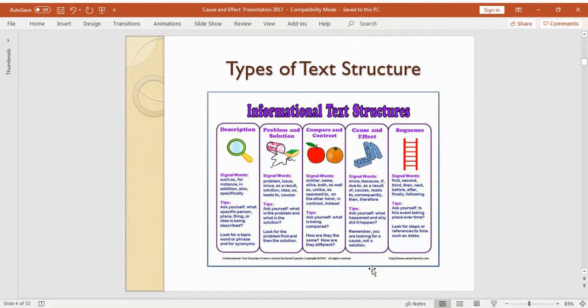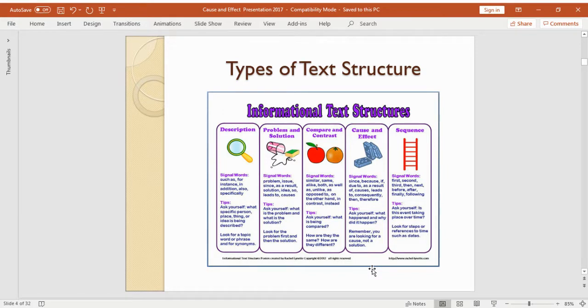On comparing contrast, I see words as the same as, like, different, similar, both. On the other hand, if I'm sequencing, I might see words like first, next, then, finally. And if it is cause and effect, I might see words that help to signal me, such as since, as a result, causes, consequently, and therefore.